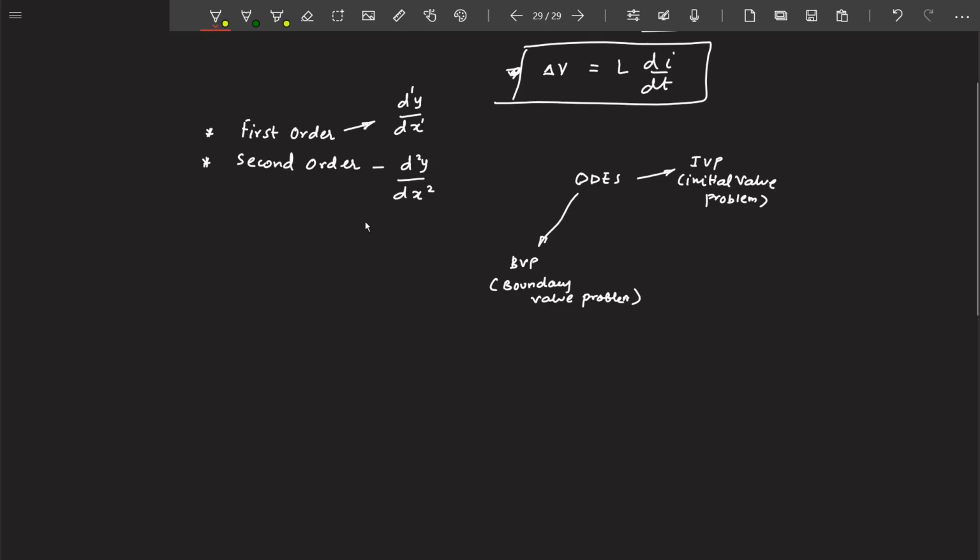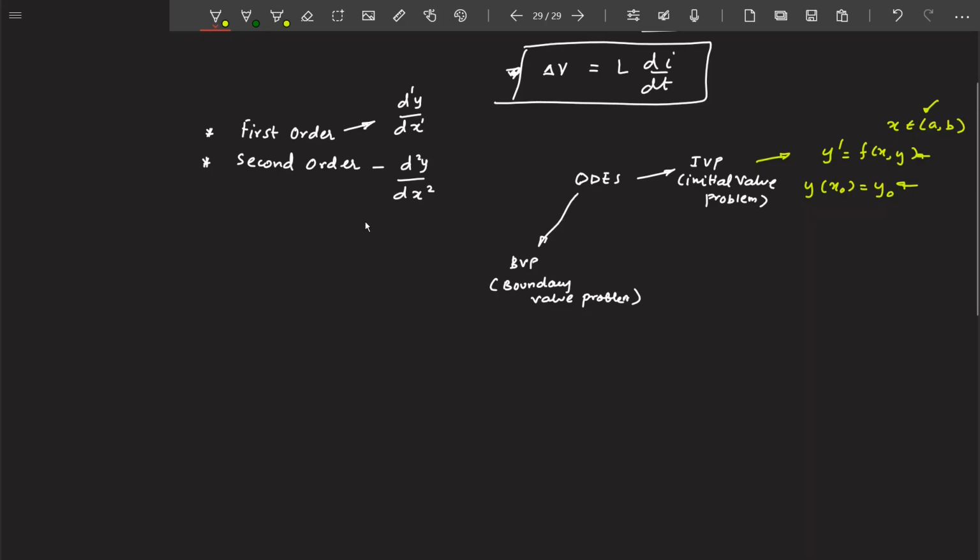If I want to write this down mathematically, I can write y dash is equal to f of x comma y, where this is my boundary condition, and x belongs to a. So this is my initial value problem. This is my differential equation, this is my boundary condition, and this is the domain of the problem.